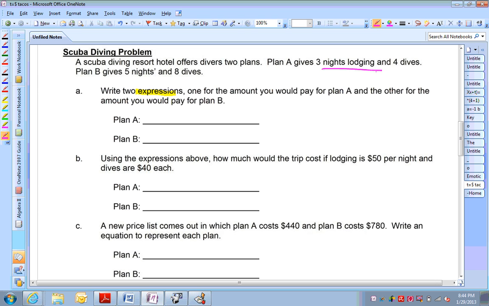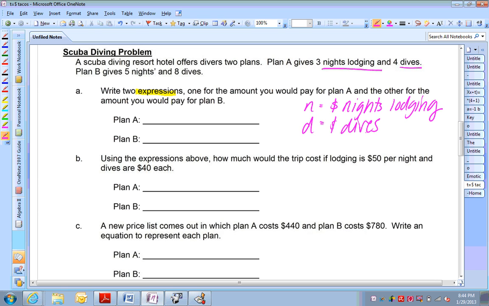So we're dealing with nights lodging and dives. So I'm going to use N for the price of 1 night's lodging. And I want D to represent the cost of dives.